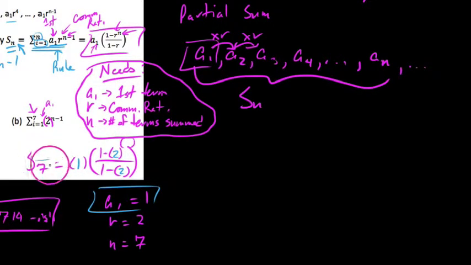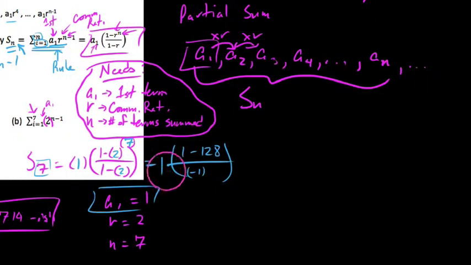We're summing 7 terms here, so this is R to the 7th power. When we evaluate this, on top we get 1 minus 2 to the 7th, which, by the way, is 1 minus 128. And on the bottom we get 1 minus 2, which is a negative 1. So we're getting all of this times 1 out here, which isn't really going to matter. We end up with negative 127 over negative 1, which is 127.